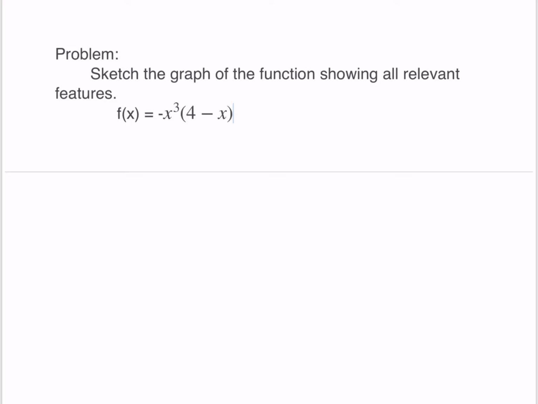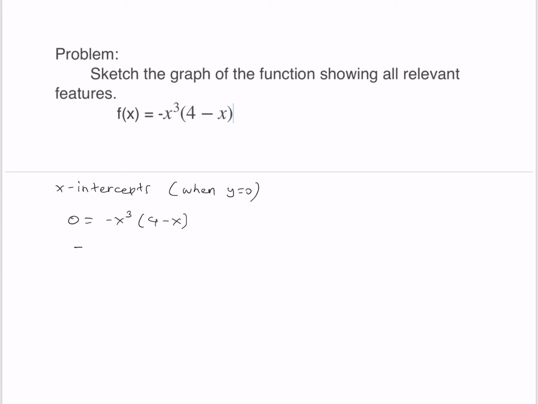So we'll find the x-intercept first. The x-intercept is when y is equal to 0. So 0 equals negative x cubed times (4 minus x). Since this function is already in factored form, it will be easy for us to find the roots, or the values of x.